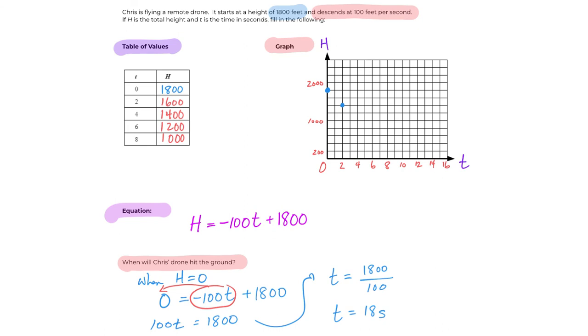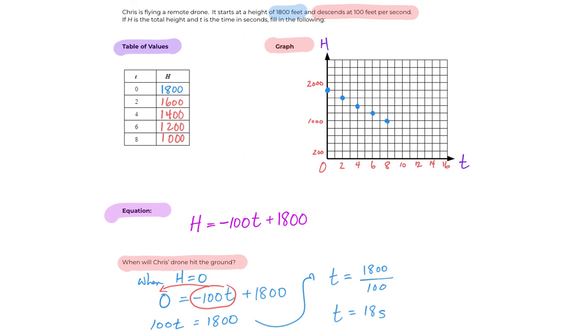I mislabeled my 1,600. There we go. That's better. My 4 at 1,400. My 6 at 1,200. And as you are plotting all these points, we know that this should form a line because the problem gives us a line.